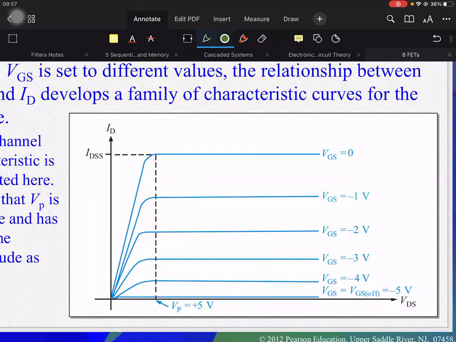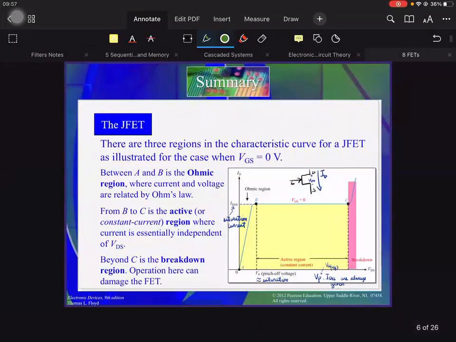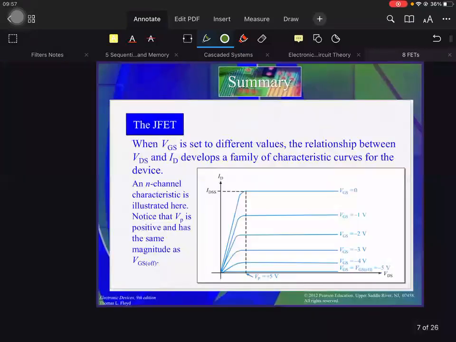So if we chose one of these, pili lang tag isa, that will now be our new characteristic curve, this one. So this is just the characteristic curve when VGS is 0. Lahi po ng characteristic curve when VGS is -1. Pero similar lang sa itsura.